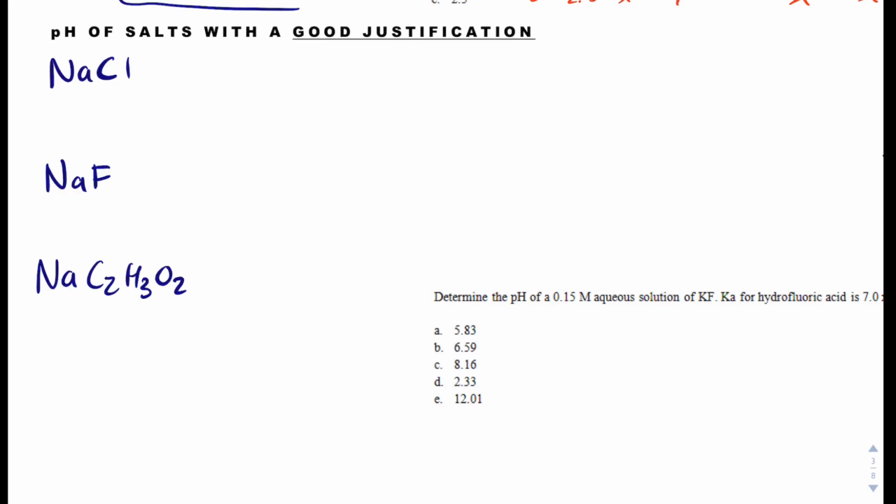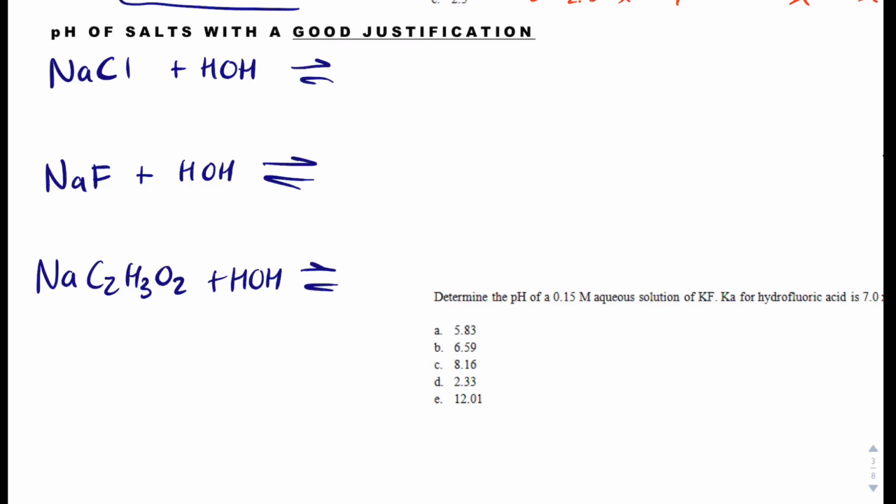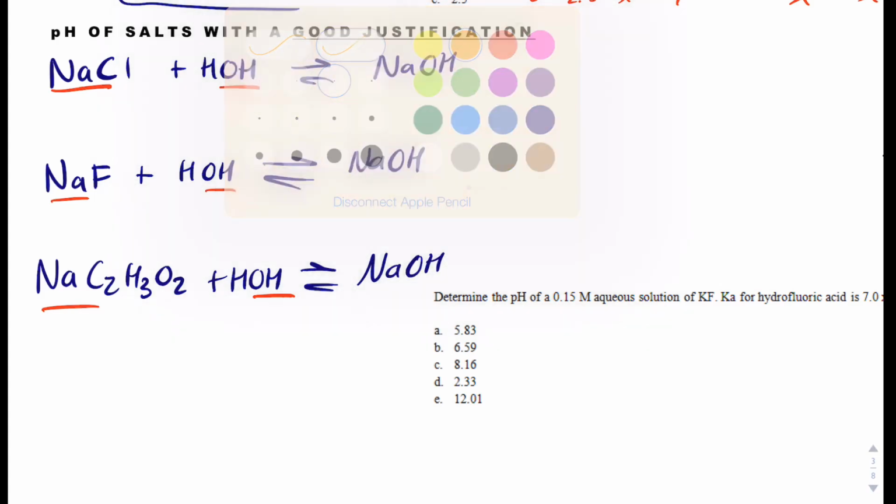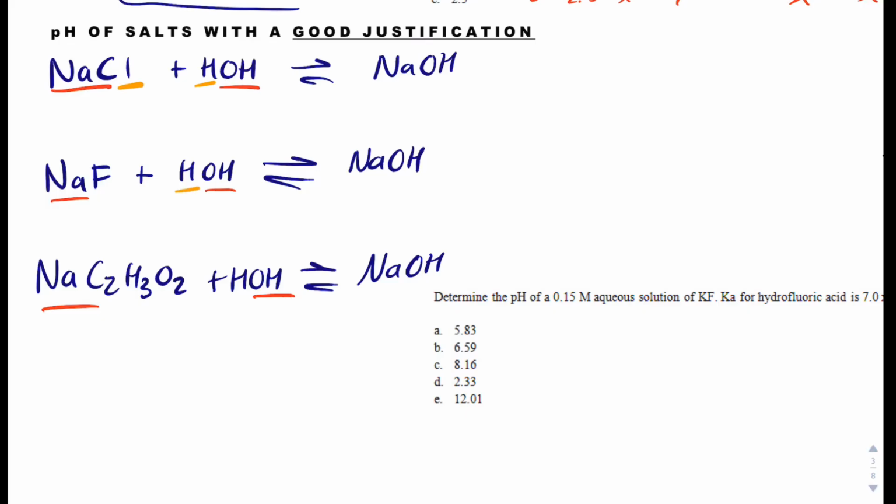So what I want you to do is when you see this, you want to react it with water and just do a double replacement reaction. And we're going to get sodium hydroxide, sodium hydroxide, sodium hydroxide. So that's one product on all of these. And then we're going to get hydrogen chloride, hydrogen fluoride, and hydrogen acetate.